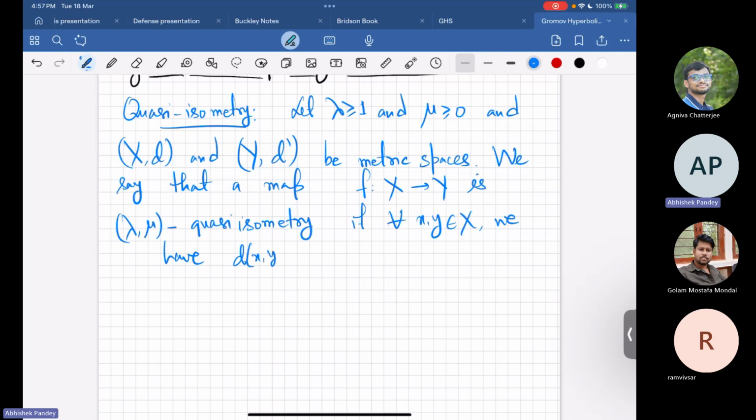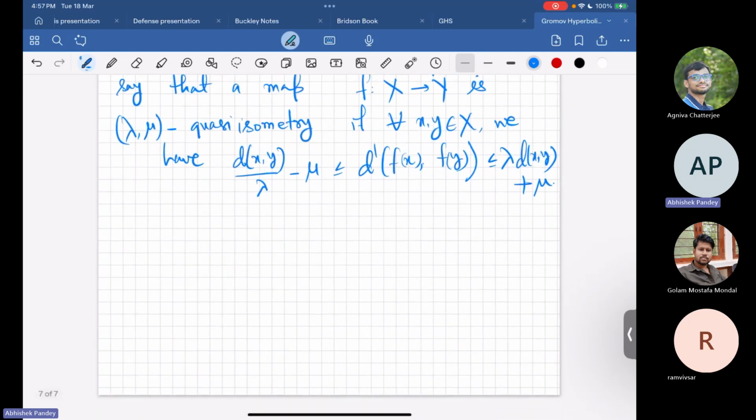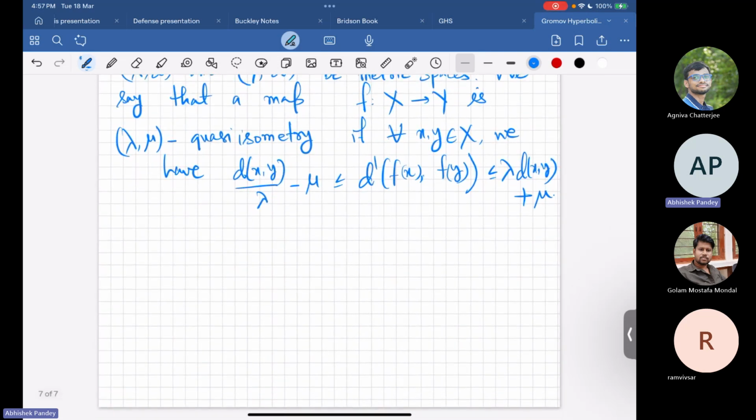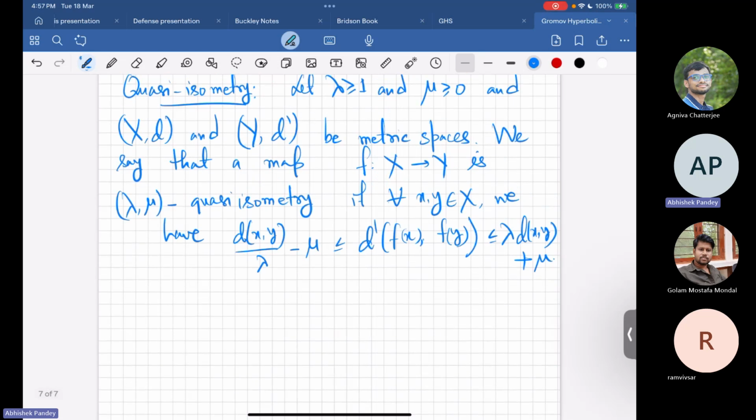d(x, y)/lambda minus mu is less than or equal to d'(f(x), f(y)), which is less than or equal to lambda d(x, y) plus mu. Okay, so this is the definition of quasi-isometry, and remember that this map need not be continuous.